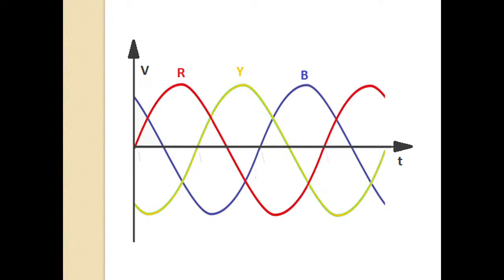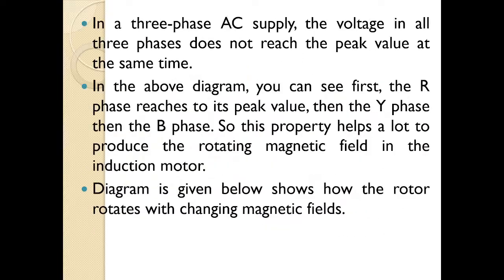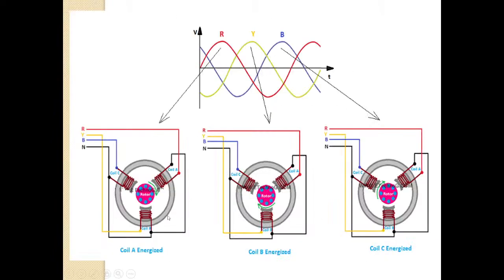Why will it be rotating in nature? The rotating magnetic field is produced depending on how the stator windings are arranged. It also depends on the frequency and the alternating property of the three-phase AC supply that is given to the stator windings.